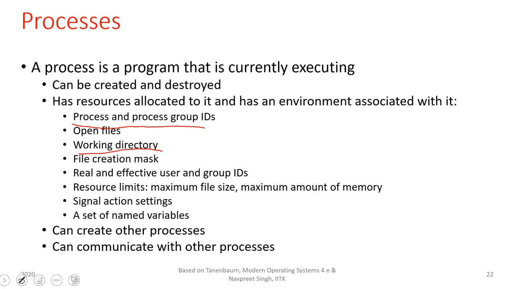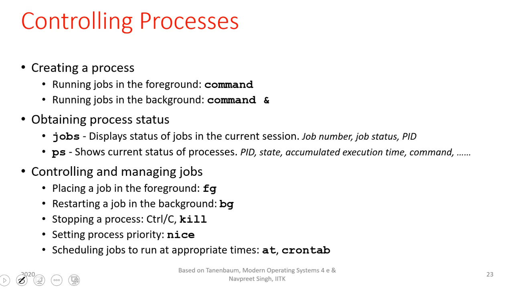They will be associated with a particular directory as their working directory, and they can use a lot of system calls to do various things. And processes can also create other processes, which is one of the basic things that we discuss about process creation and inter-process communication.